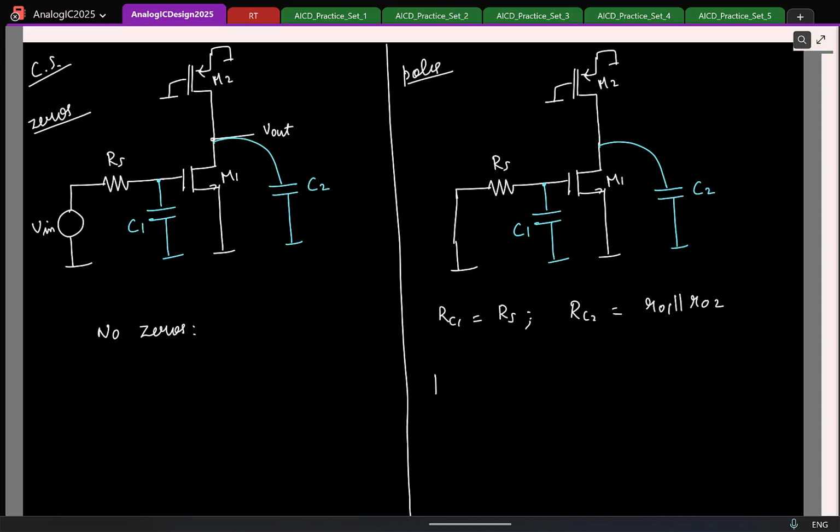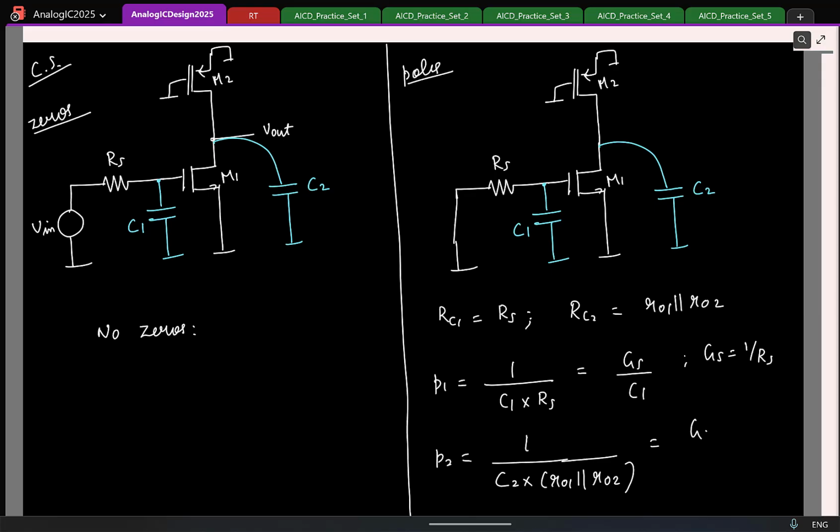So I can directly write one pole as 1 by C1 times Rs. I will write it as GS by C1, where GS is basically 1 by Rs. Similarly, my second pole is exactly at 1 by C2 times R01 parallel to R02.